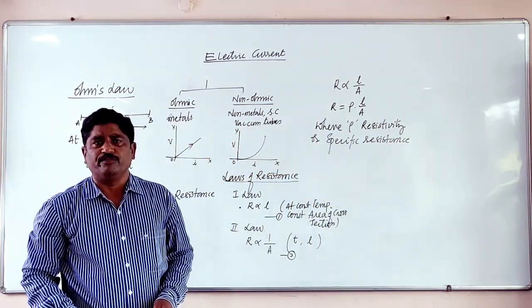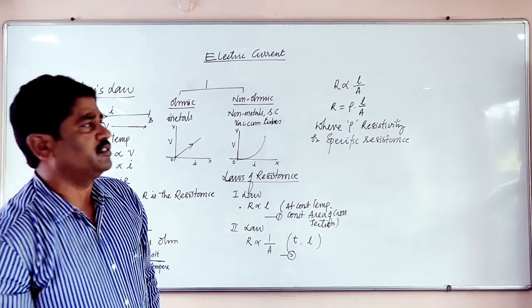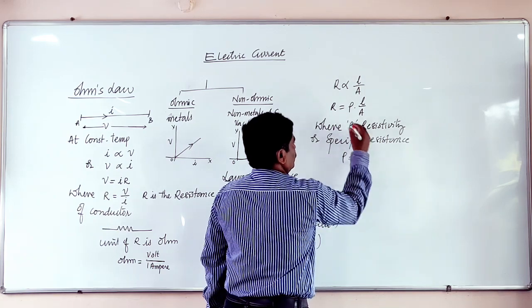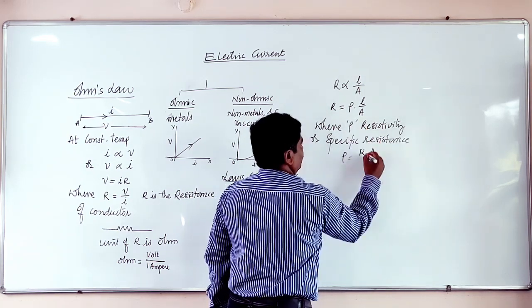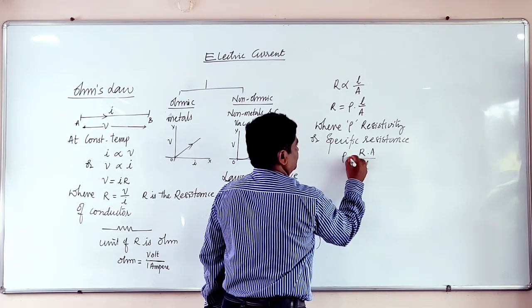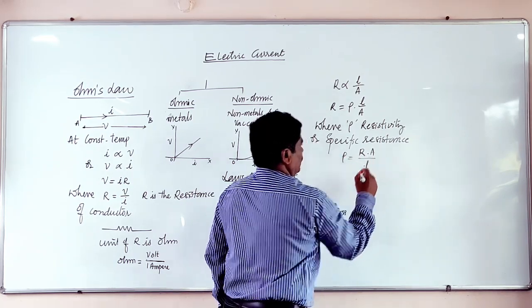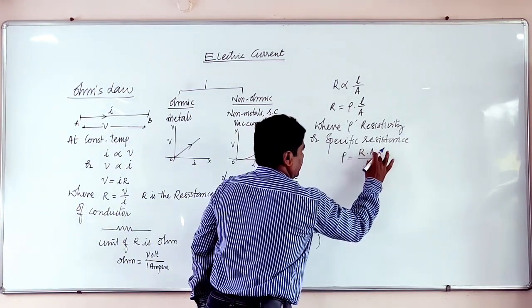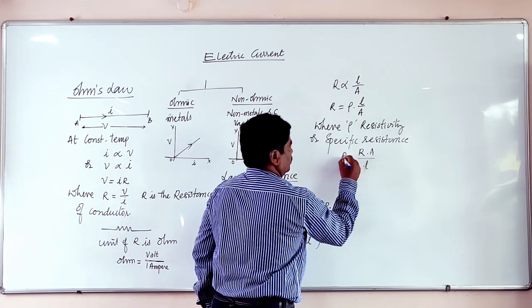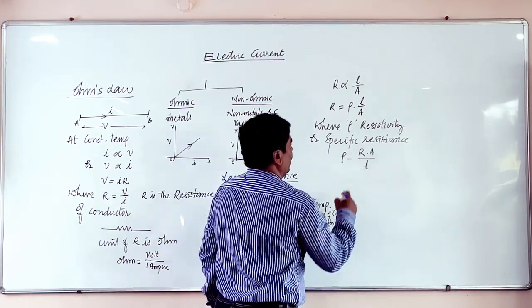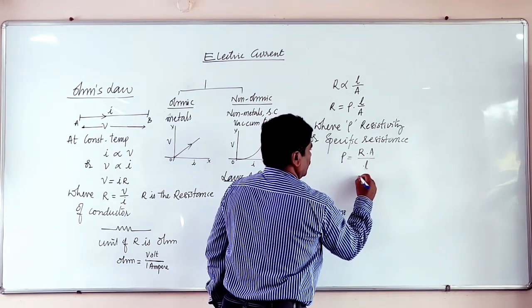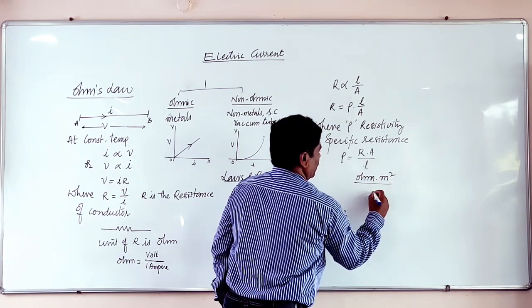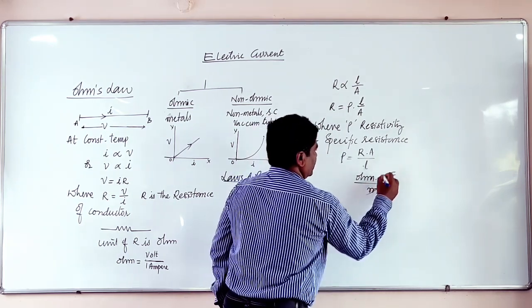What is resistivity or specific resistance? It is the resistance of unit area per unit length of the conductor, rho equals R into A by L. Its unit: resistance is ohm, area is square meter, divided by length in meter, so this gets cancelled.